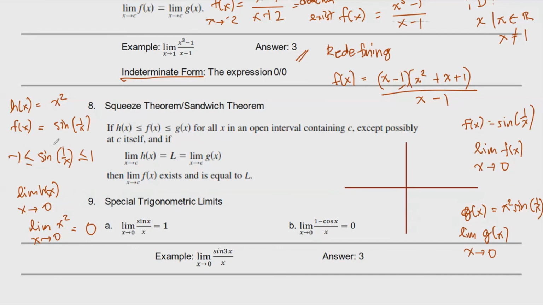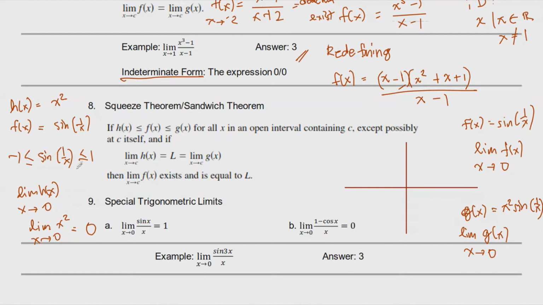And then the other factor can be any value less than or equal to 1 and greater than or equal to -1. So with that, I can say that it is 0 multiplied by any number that is greater than or equal to -1 and less than or equal to 1.